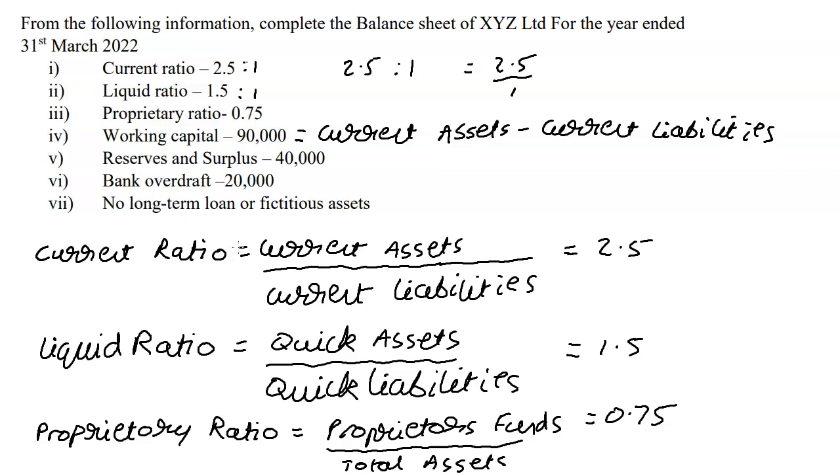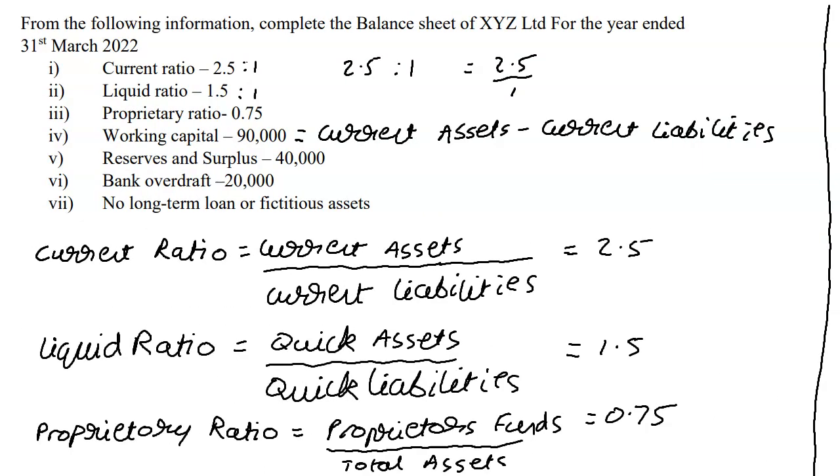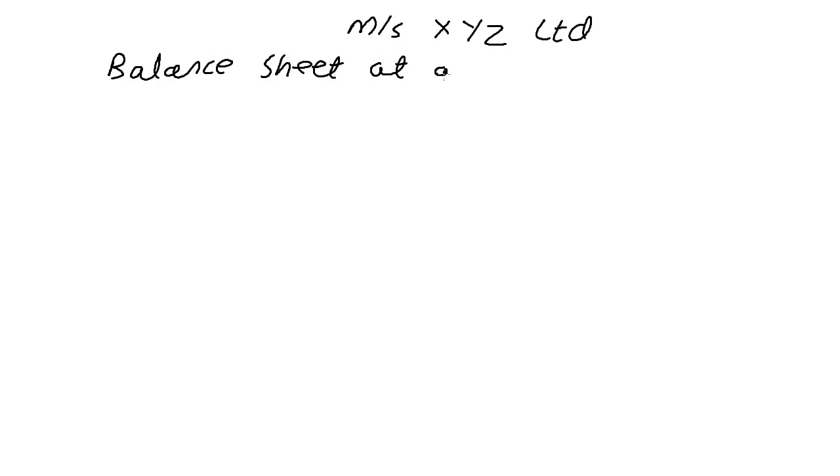Okay, I'm going to go to the right and start building the balance sheet. Let this be our border between these two imaginary pages. The name of the company is XYZ Limited, and the balance sheet is for the year ended 31st March 2022. So we have Messrs. XYZ Limited, balance sheet as at 31st March 2022.